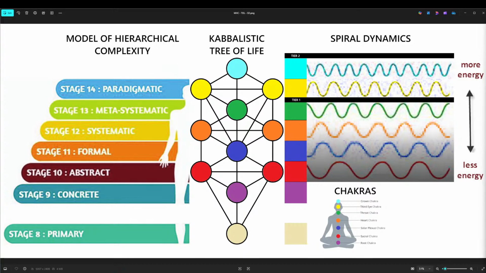kind of information. So generally speaking, people in tier 1, whichever color they're in, like I was saying, the majority of people are in blue, orange, or green. They are not familiar with evolutionary or developmental psychology, which is what spiral dynamics is, a branch in the field of developmental psychology.